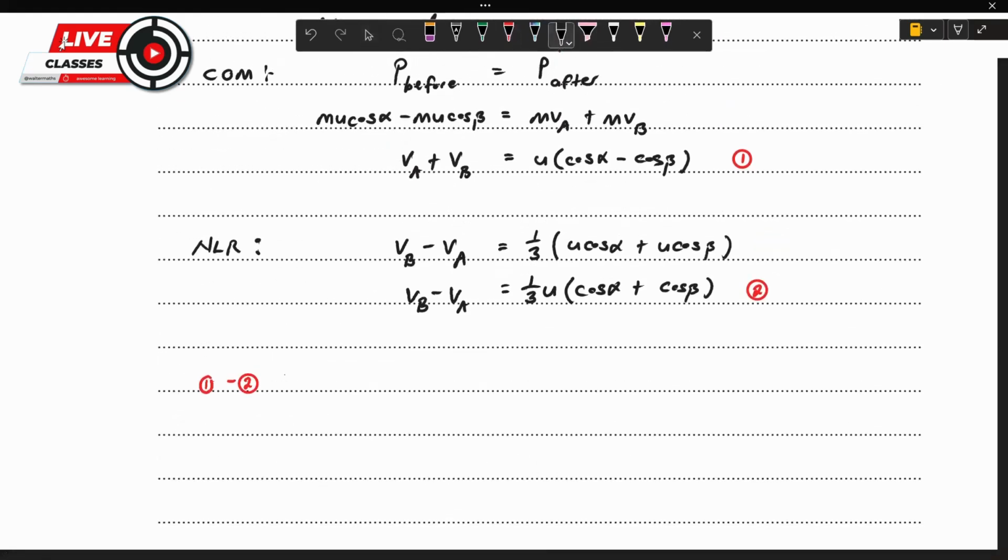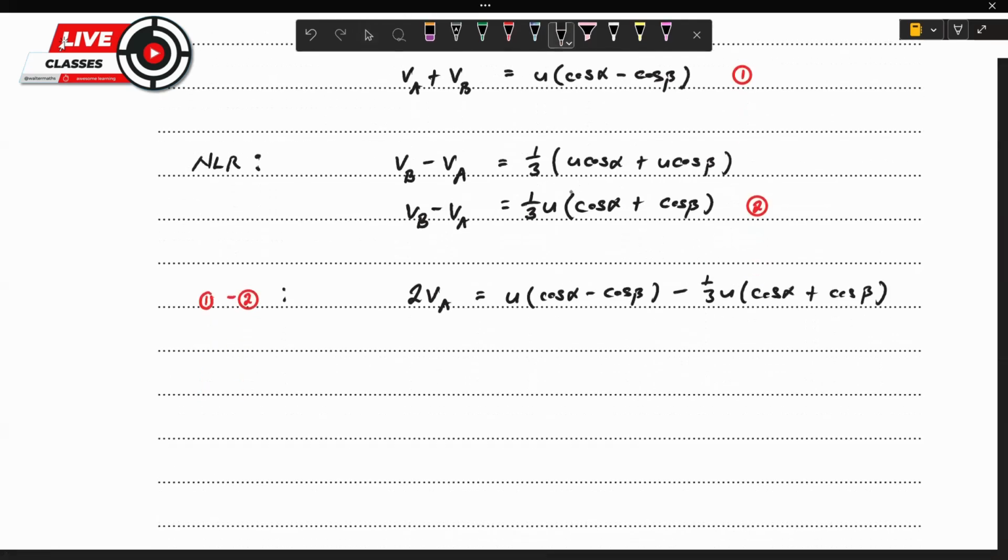So equation 1 minus equation 2 will give us VA plus VA, which is 2VA, being equal to U of cos alpha minus cos beta, minus a third U of cos alpha plus cos beta.